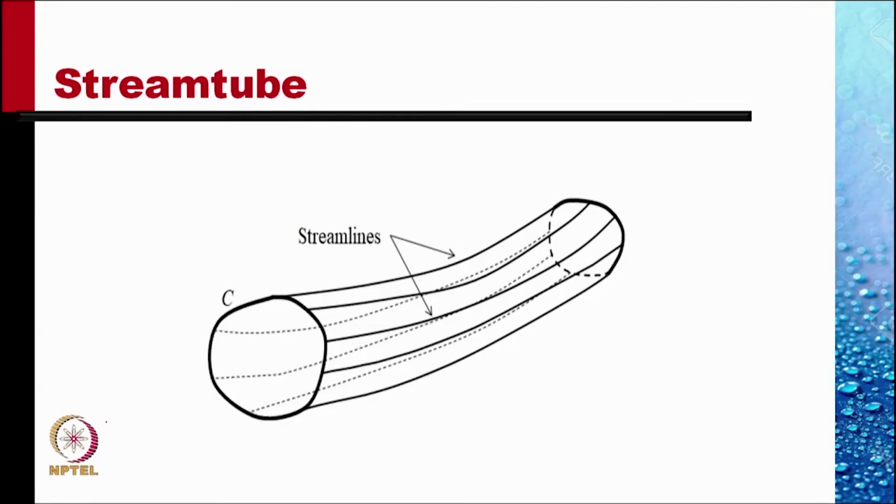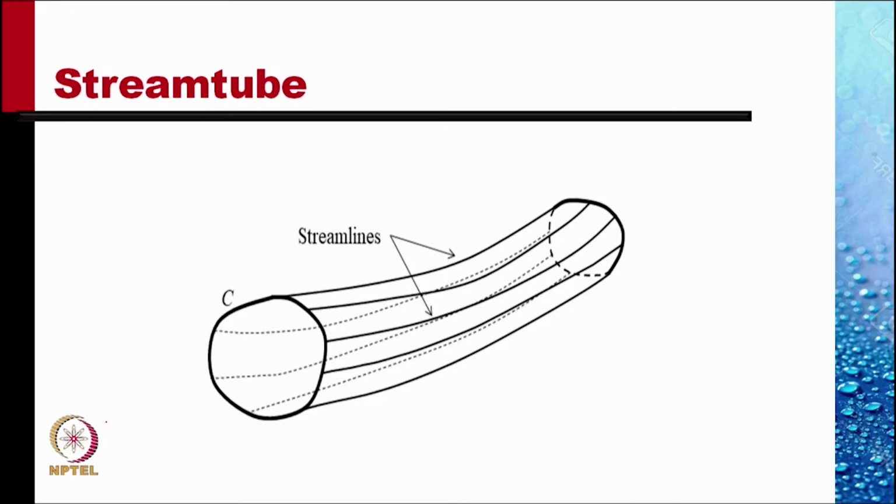Another associated concept is a stream tube. If we take a small circuit C within the flow field, then there is a streamline passing through every point of the circuit. And these streamlines would form a surface enclosing a small thin volume with a cross section equal to the circuit C at that location.